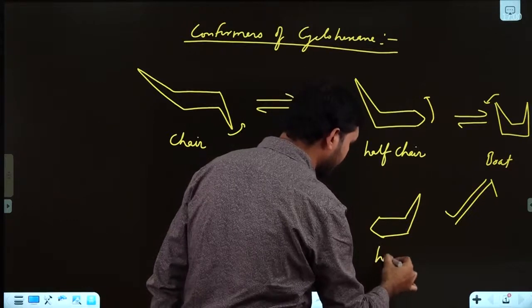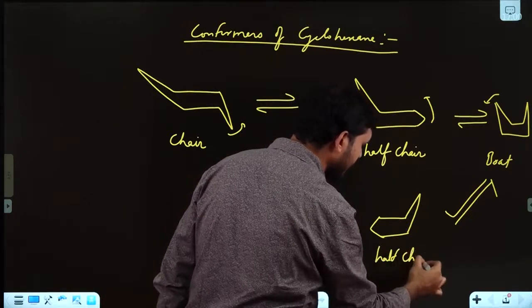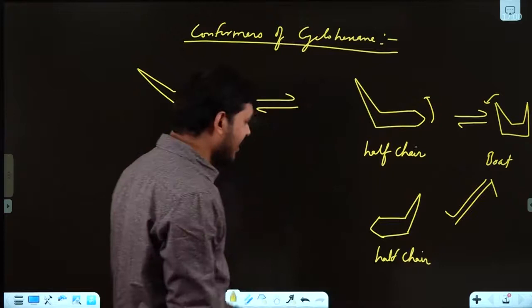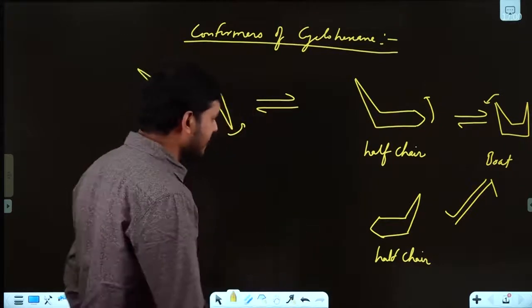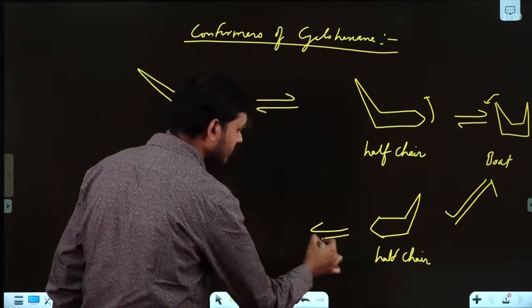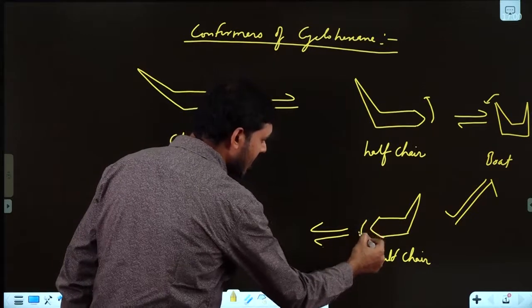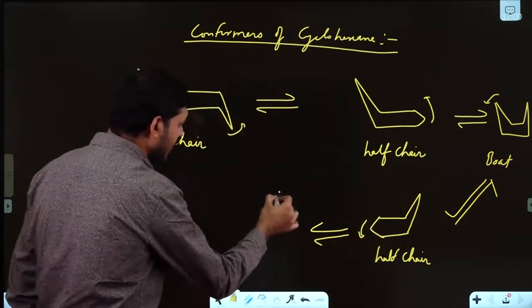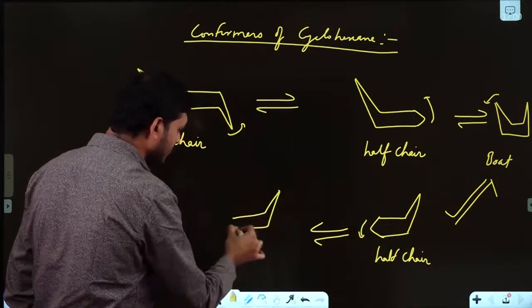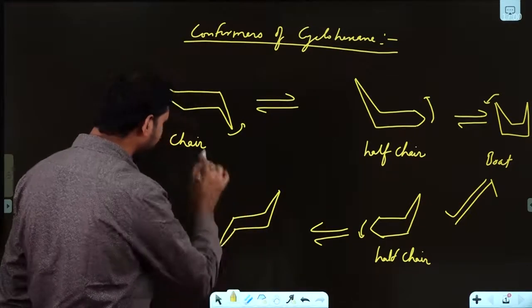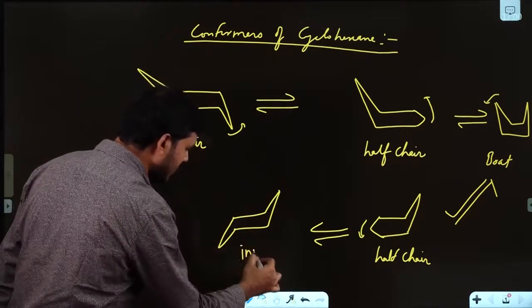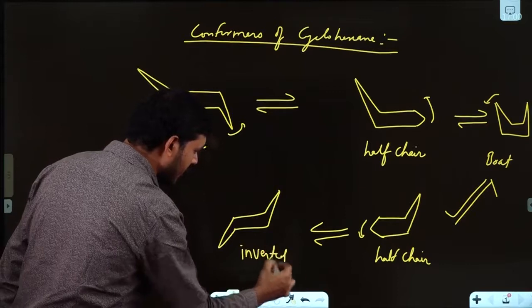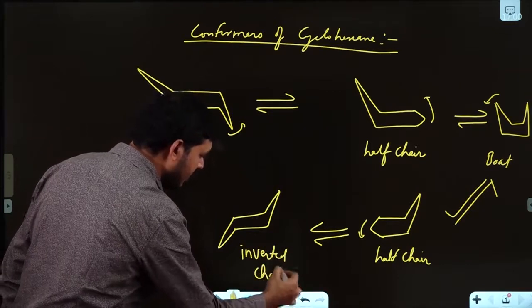Again your half chair. Okay, now again you have made half chair. Now what will happen? If you will flip this again towards this side, so you will get this is chair and this is inverted chair.